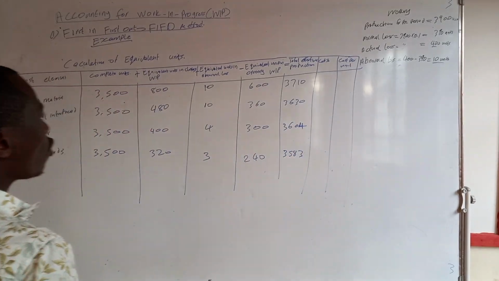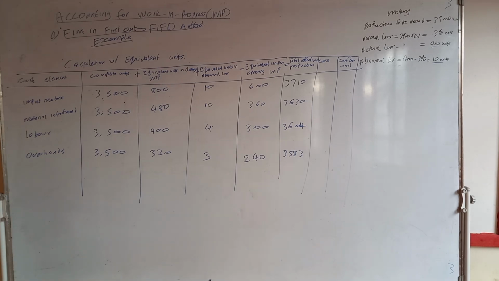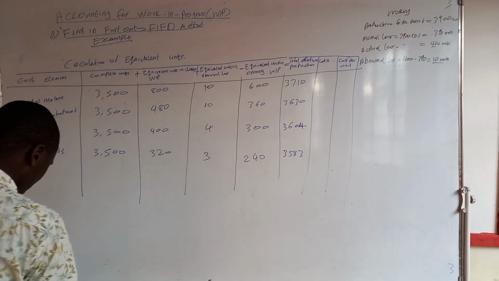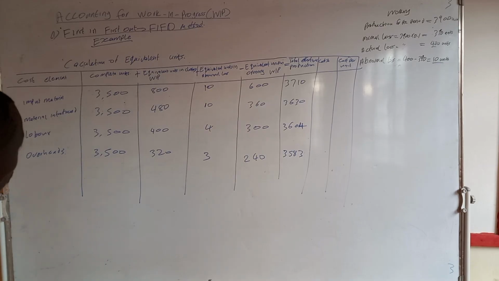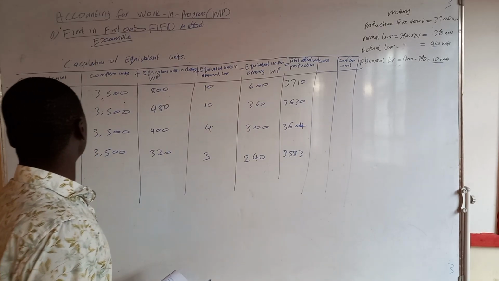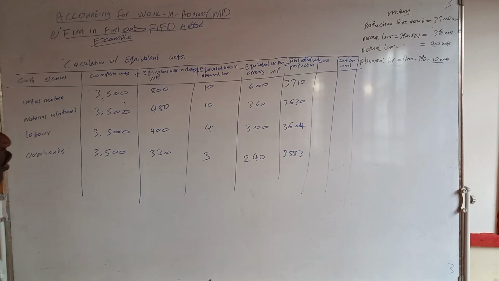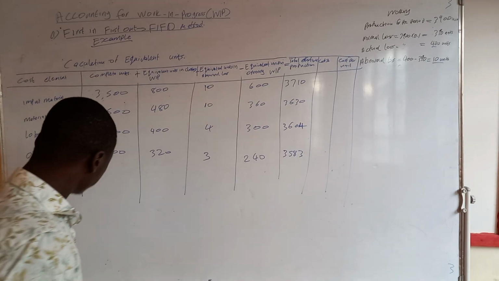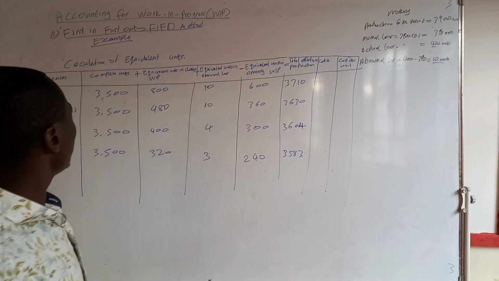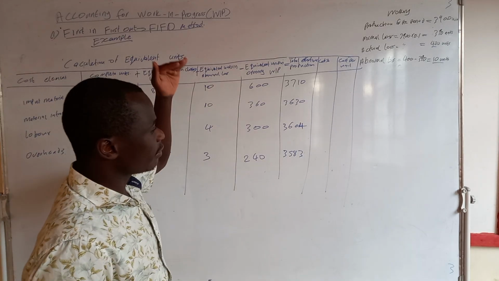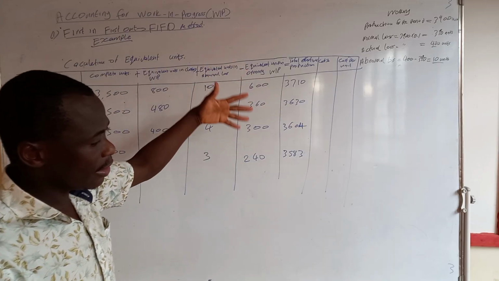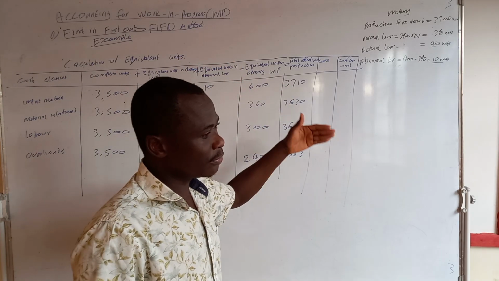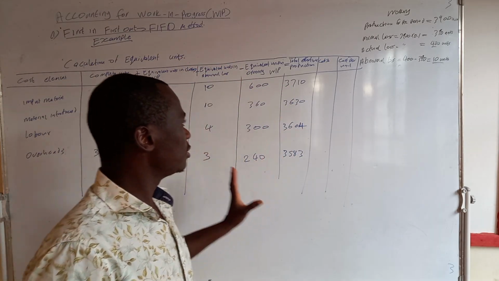Now let us look at the cost. We start with input material. Remember, input material is what came from the other process, process 1 in our case.